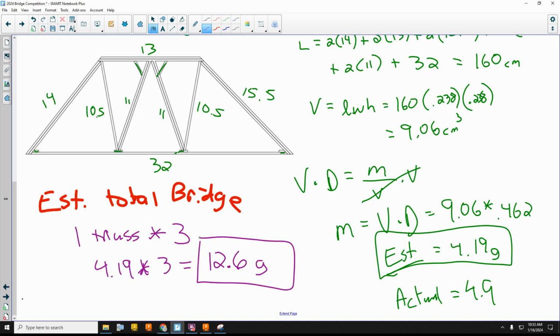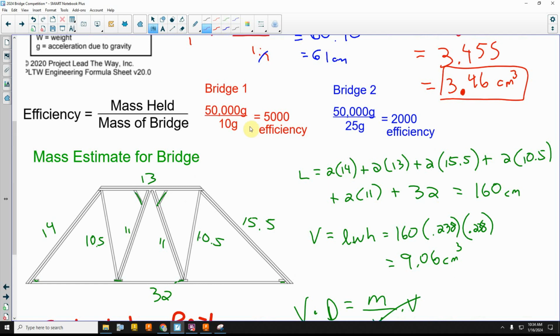Again, you have to be under 25 grams. So if you do this calculation and you're at 24, 25 grams, you probably have either made a calculation wrong or you have too much material in your bridge. The national winners typically have around a 10-gram bridge or under 10 grams and hold 50 kilograms and end up with an efficiency of around 5,000.